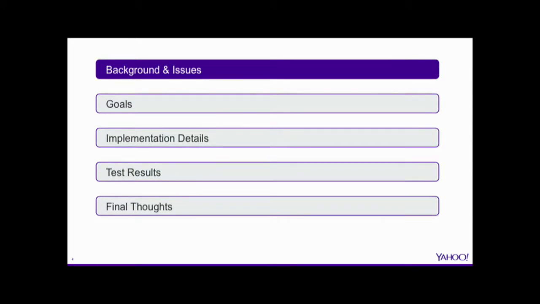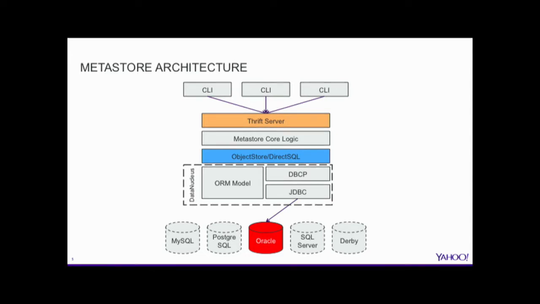So let's introduce the actors here. The Metastore is a Thrift server which implements a Thrift-based communication protocol between the clients and the server. Then there's some core logic which executes the user request, and it uses some classes called ObjectStore and DirectSQL to persist and retrieve objects from the underlying storage layer.